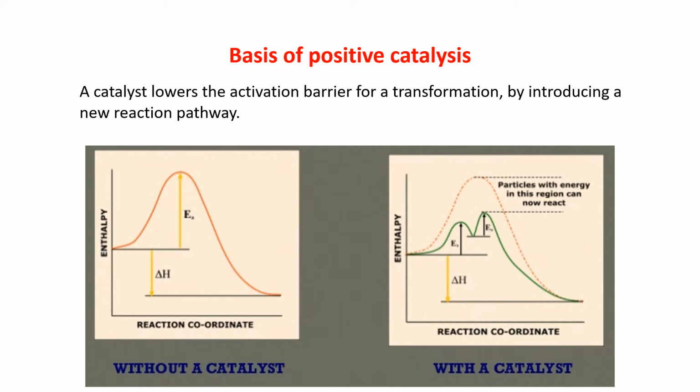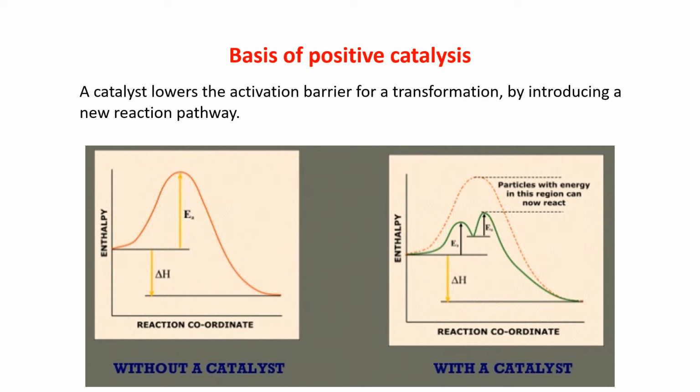Now basis of positive catalyst. Why are they called positive catalyst? As you know, they are increasing the rate of a reaction. Now what actually is the positive catalyst doing? They are lowering the activation barrier for the transformation. How?